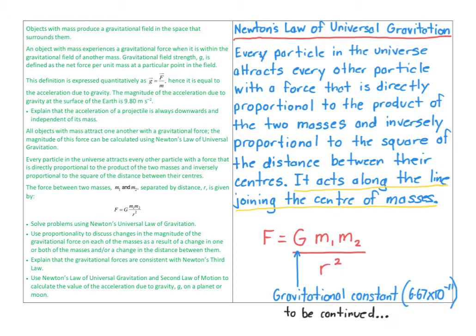I've underlined that bit because when we talk about orbits of satellites later on, this is going to be a very important point to use in our explanations. It's not mentioned, for example, in the summary here, and sometimes it's skipped over in some books. It might just say between their centres, but not be explicit that the force acts along the line joining the centre of the masses.